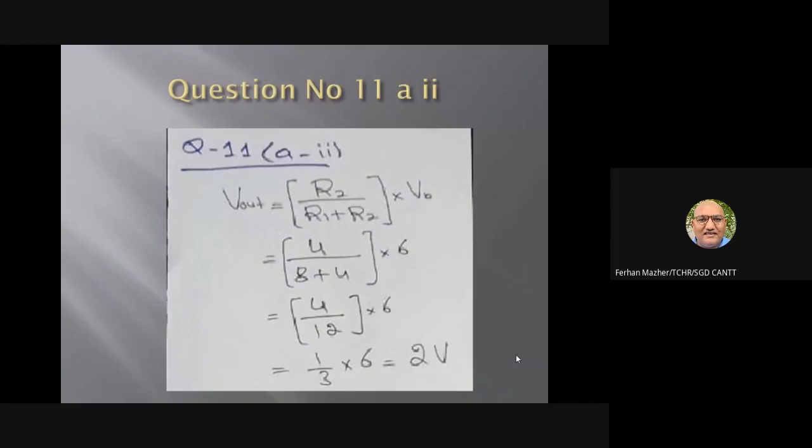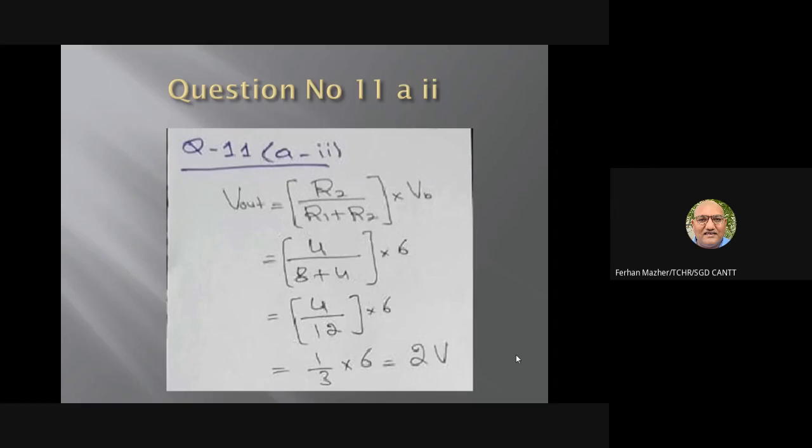So here we go. The V out, which is fed to the CRO, is taken from the second resistor, and I can find the V out with a very simple formula: R2 divided by R1 plus R2, that is R2 divided by the total resistance, multiplied by the voltage of the battery. R2 is 4 and R1 is 8, so it will be 4 divided by 12 multiplied by 6.